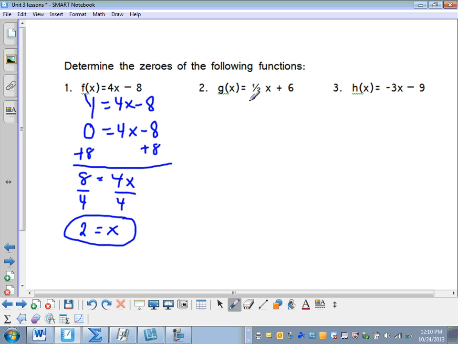G of x is equal to 1/2 x plus 6. G of x, that means y is equal to 1/2 x plus 6. The 0 of the function is when y is equal to 0. What is x when y is 0? So I set it to 0 and I subtract 6 on each side.